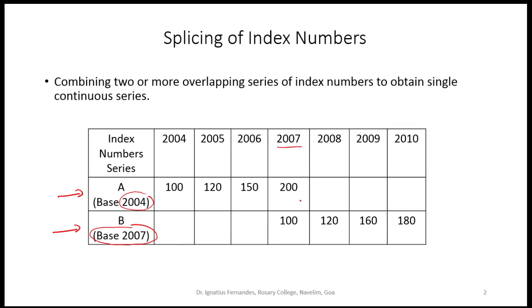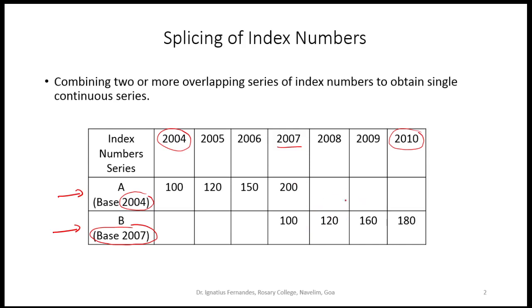So what I have to do is convert these index numbers to base 2004, and only then I'll be able to compare 2010 with 2004. This is a simple example where we have two series of index numbers, and I want to combine both of them in a continuous series.